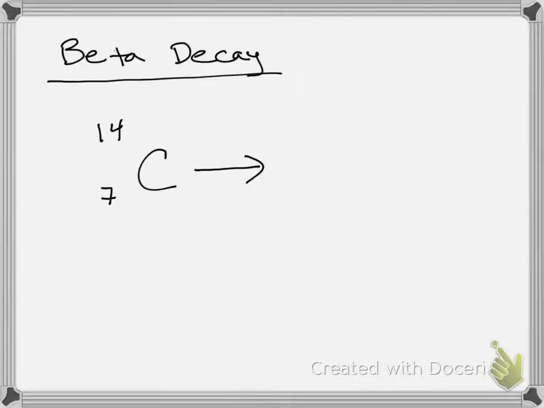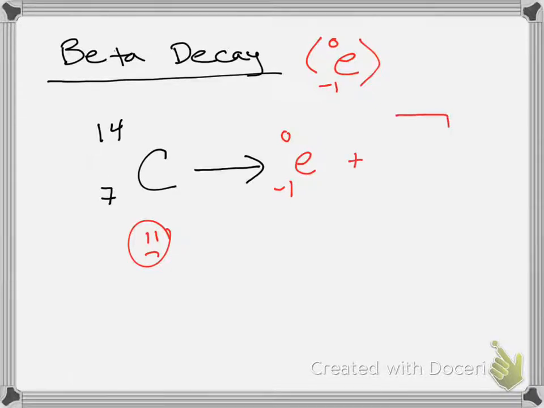In beta decay, the symbol was e 0 minus 1. Let's look at an example problem. Here's carbon 14. Carbon 14 is an unstable nucleus, so it's going to emit beta. So after the arrow, we write beta, plus you have to figure out what the new stable atom is.